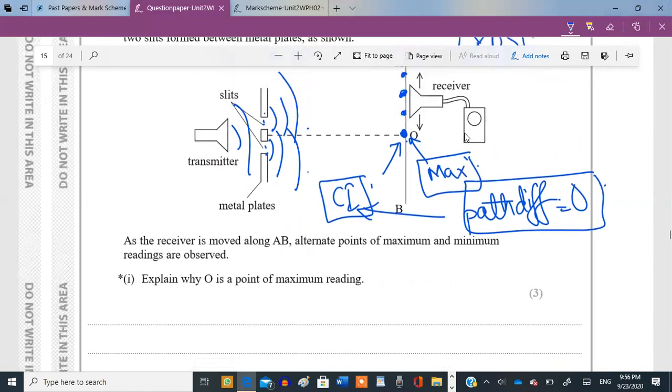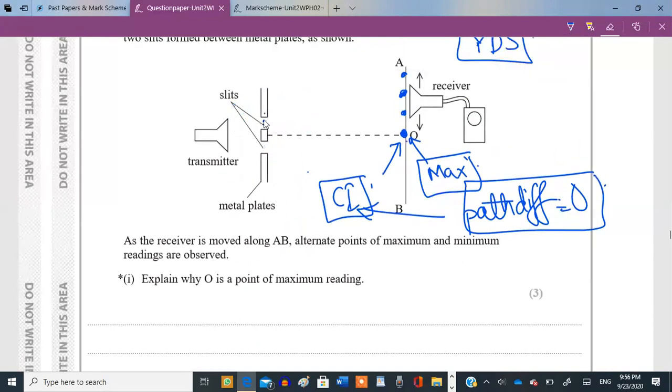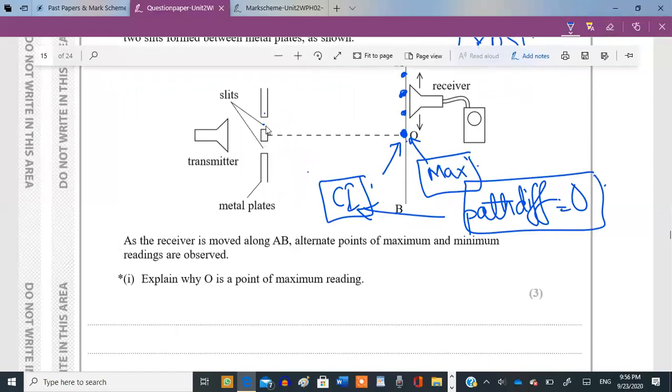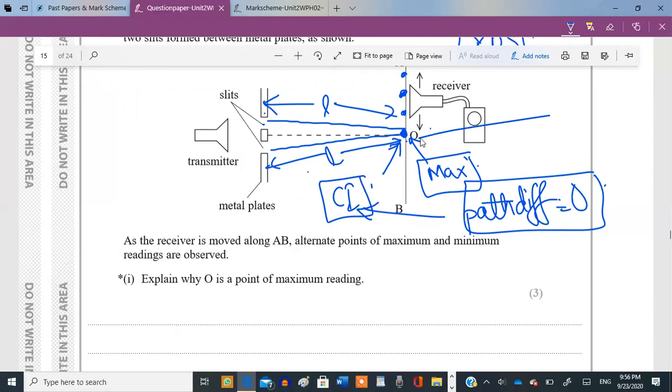Because if you look at these two slits, if you measure the distance from this slit to the O and this slit to O, if the length of this path is L, the length of this path is also going to be L. So the two waves will travel equal distance as they reach O. So what is going to be the path difference over here?